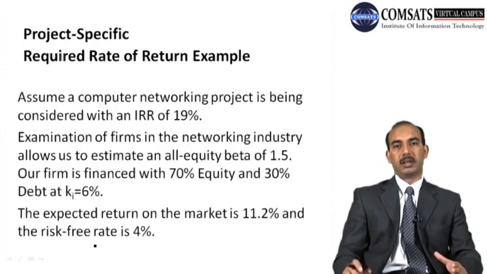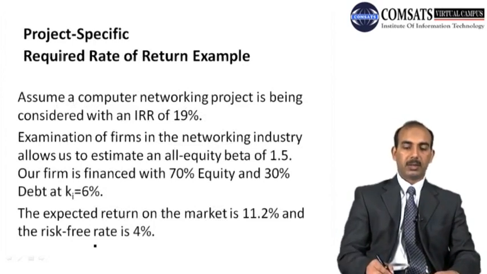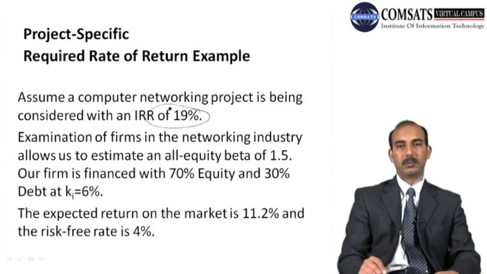We can elaborate the idea with this example, and it will be quite simple. Assume that a computer networking project is being considered with an internal rate of return of 19%, and examination of firms in the networking industry allows us to estimate an all equity beta of 1.5.